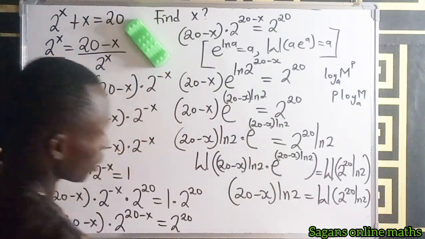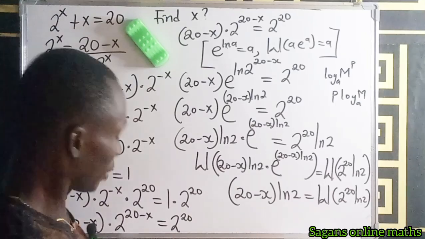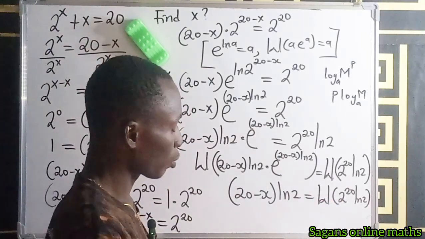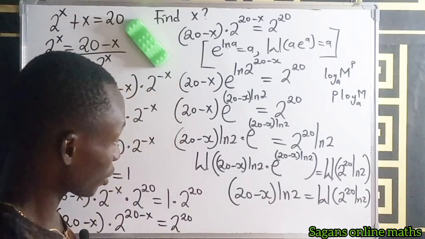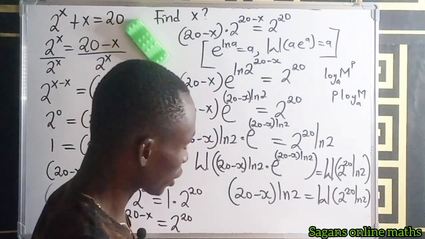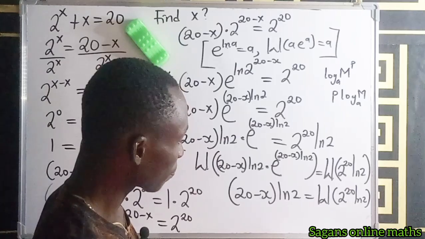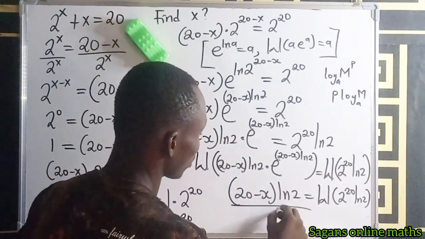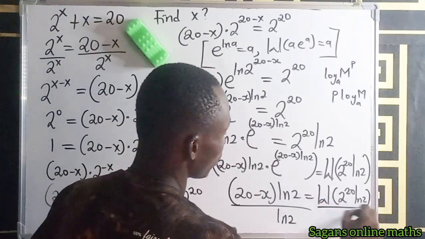At this point there's an amazing thing we can also do here, but since I don't want to stress myself a lot, I can do something very appealing, very attractive. I can just divide both sides by ln 2, and divide all of this by ln 2.